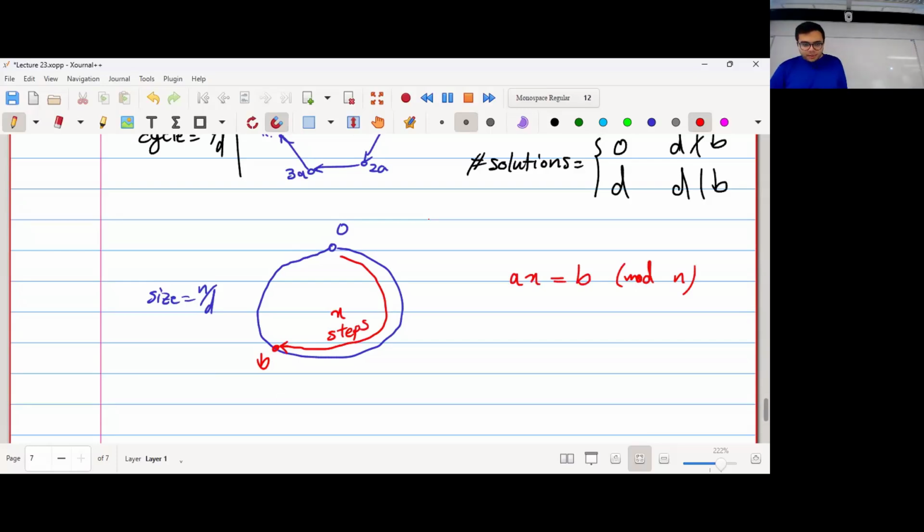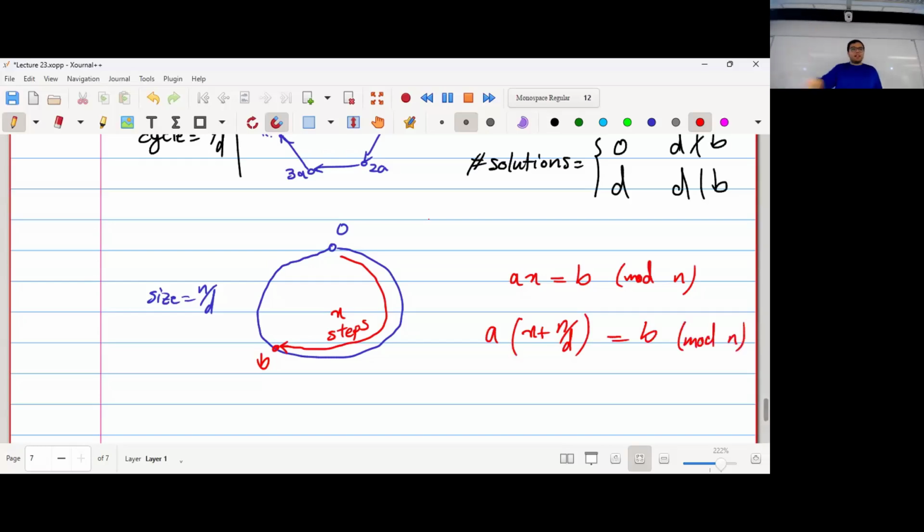So if with X steps I end up at B, I can also take X plus N over D steps. N over D was the size of the cycle. And I will be at the same point B. So A times X plus N over D is also B modulo N.